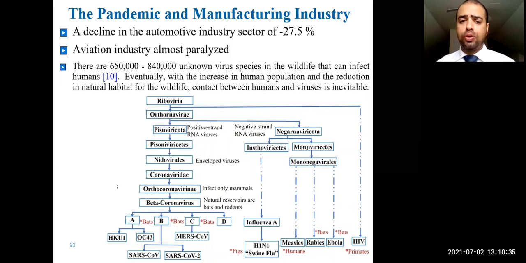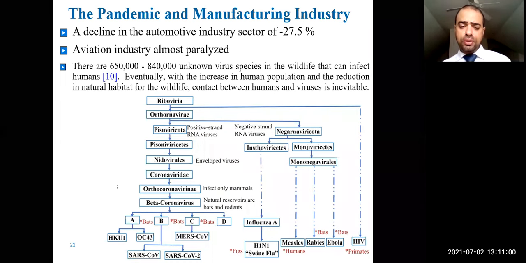So we have almost 1 million viruses out there that can infect humans. Eventually, with the increase in human population and the reduction in natural habitat for the wildlife, contact between humans and these viruses is going to be inevitable. In other words, there's going to be another pandemic. The question is just when.